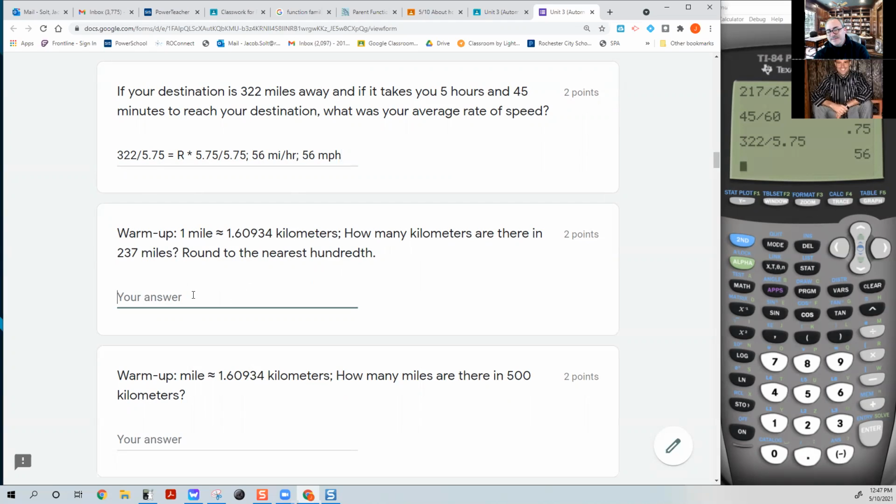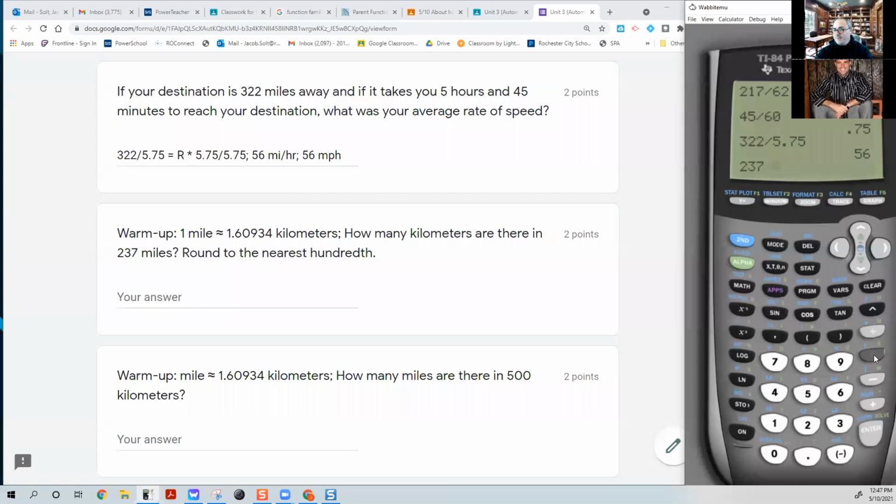Well, this is pretty easy to think about. If 1 mile equals that many kilometers, then I know that 237 miles will be 237 times more, which means I need to multiply by 237 over here. So 237 times 1.60934 will give me the kilometers.